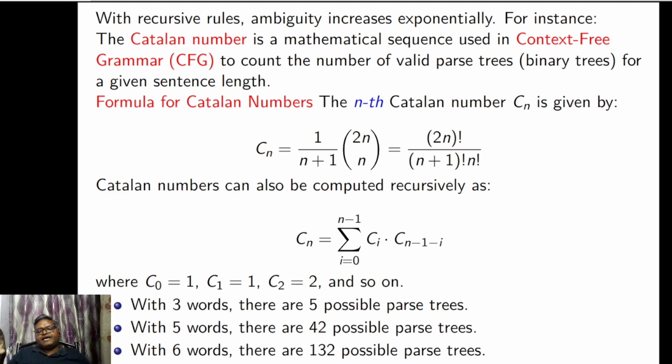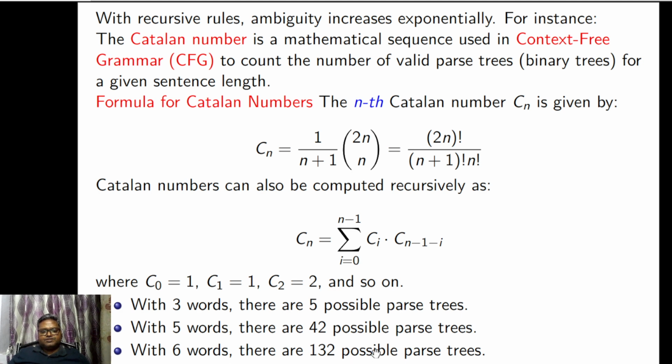So when we have n number of words, the number of parse trees that can be formed by the given n words is given by the Catalan number, (2n)! divided by (n+1)! times n!. If you have 3 words, we can form 5 possible parse trees. If you have 5 words, we can form 42 possible parse trees.